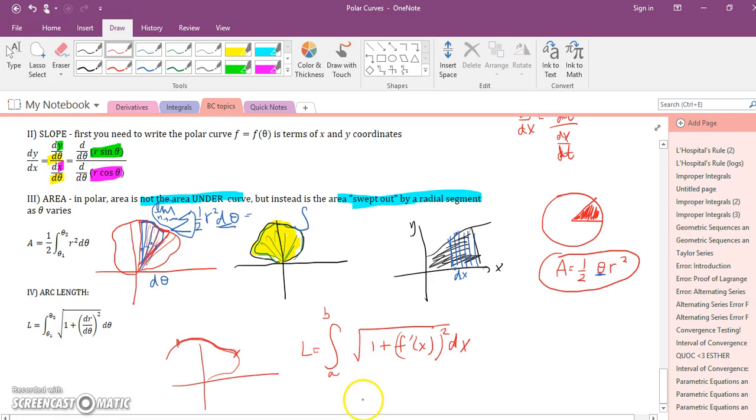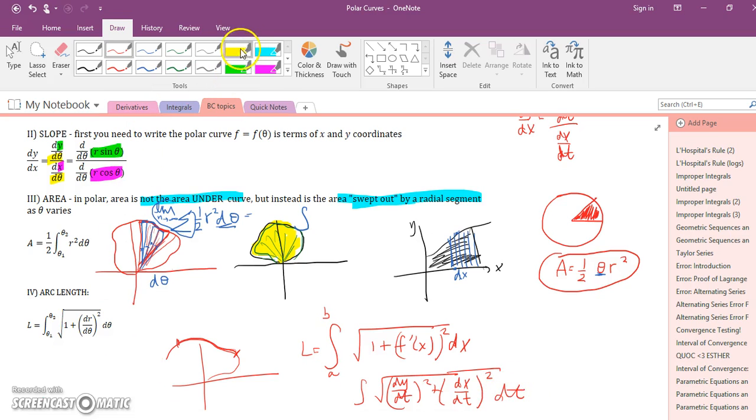And then you know the one for parametric mode, which was the square root of dy dt squared plus dx dt squared dt. Here's the one for polar. You go from theta 1 to theta 2 of the square root of r squared plus dr d theta squared, d theta. In polar, it's always d theta because it's the thetas that you make tiny.